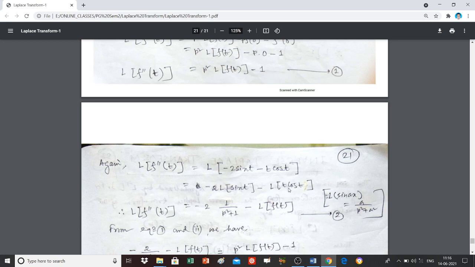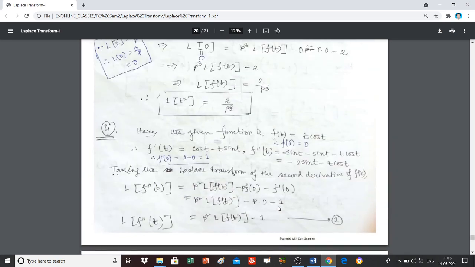You know that this t cos t is nothing but your given function f(t), because your given function is t cos t, that is f(t).